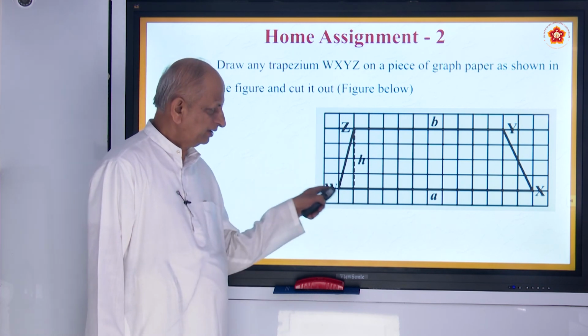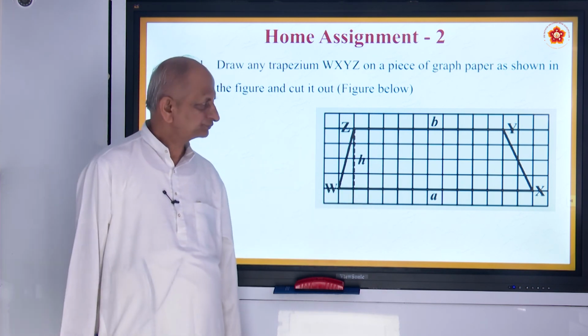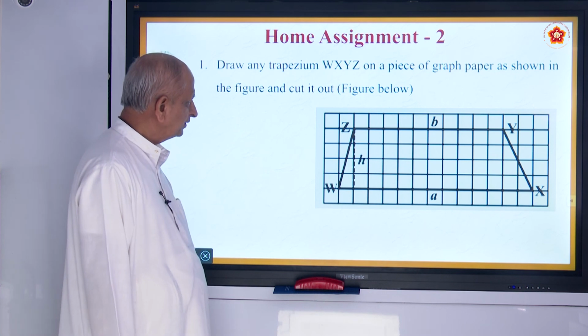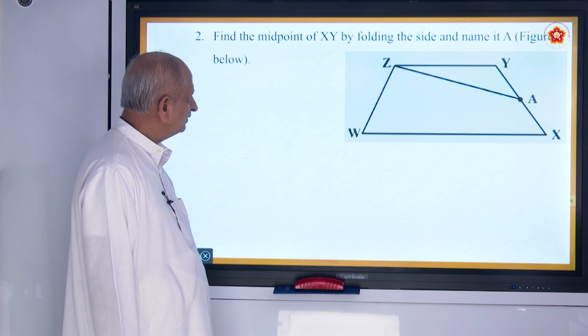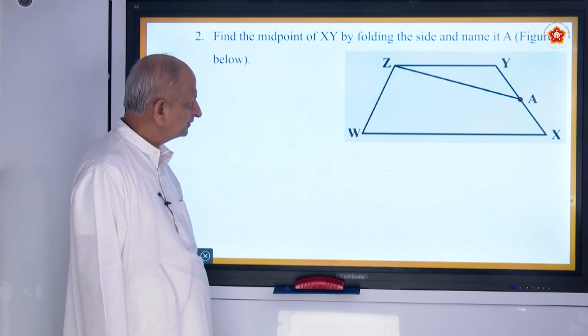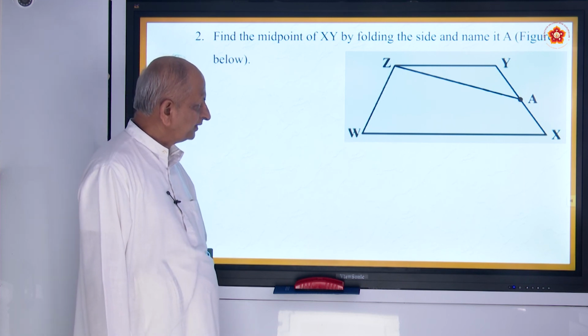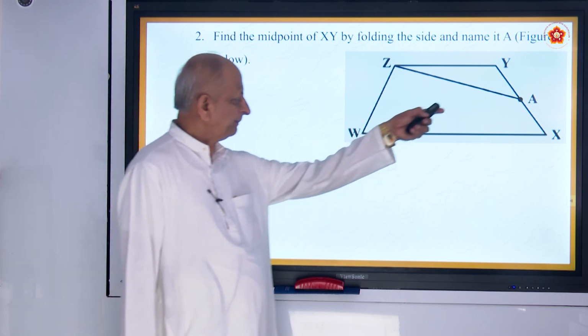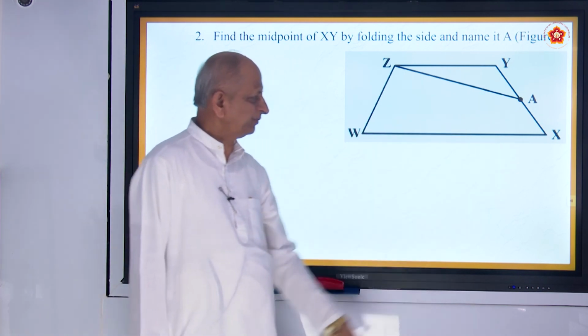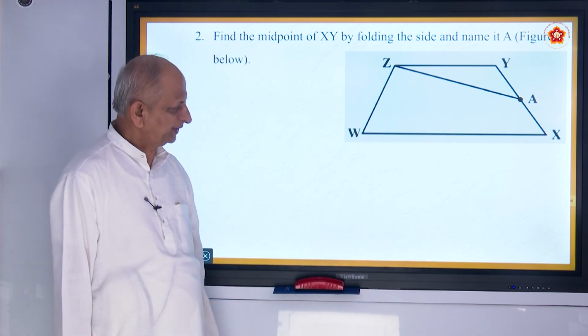Means you must take it out. Then second question, find the midpoint of XY by folding the side and name it as A. So the midpoint of XY you must find out, but name it as A.